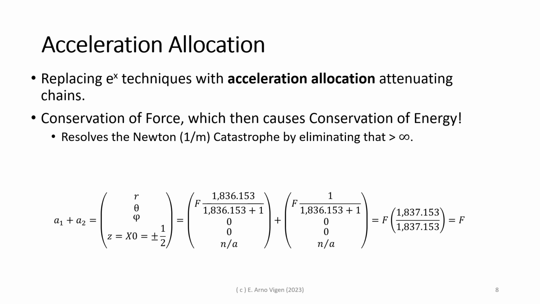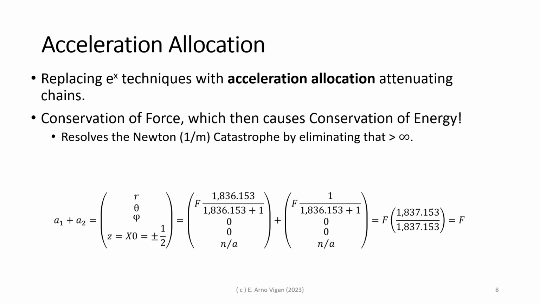So for the first one, if I do the sum of the two accelerations, it would be 1836 over 1836 plus 1, and the second particle would be F over 1 over 1836 plus 1. But guess what? That becomes 1837 over 1837, and I now have conservation of force.